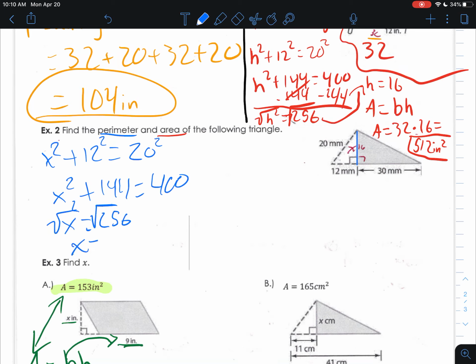Take the square root of both sides. x indeed equals 16. Okay, so once we have that, that's important information.